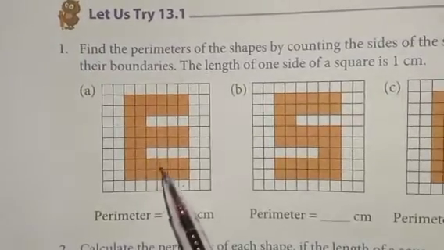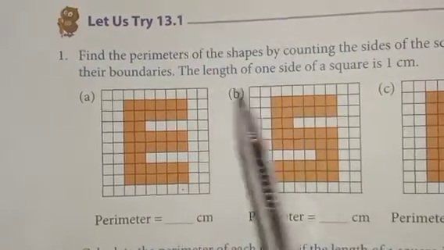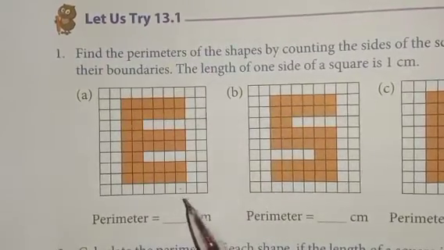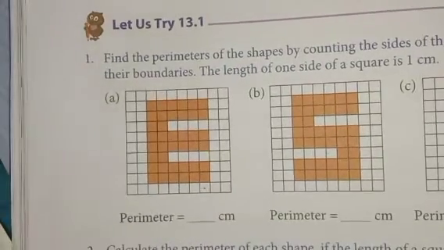Here is the first picture. I told you to count the squares. Find the perimeter of this one. One square is 1 unit, so you can count how many units.